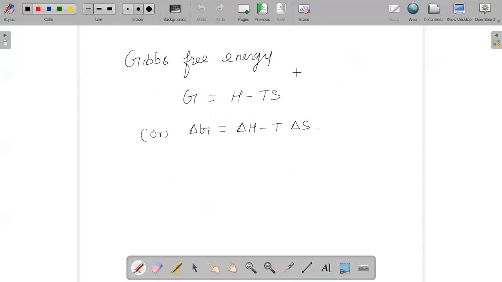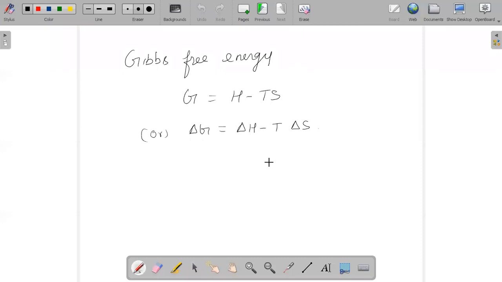Next is Gibbs free energy, denoted by the symbol G. It is defined as the amount of energy of a system that can be converted into useful work.